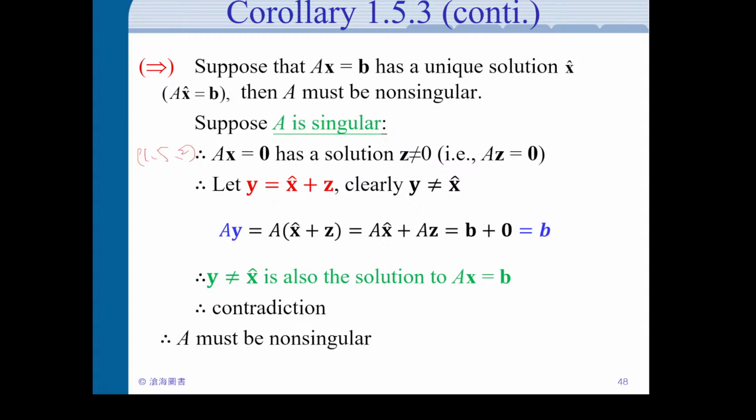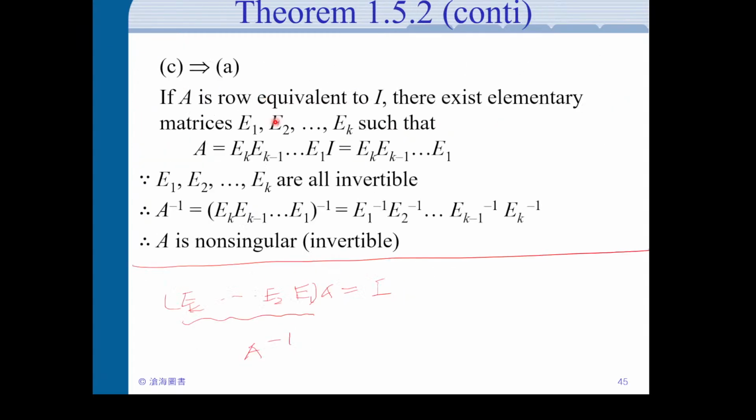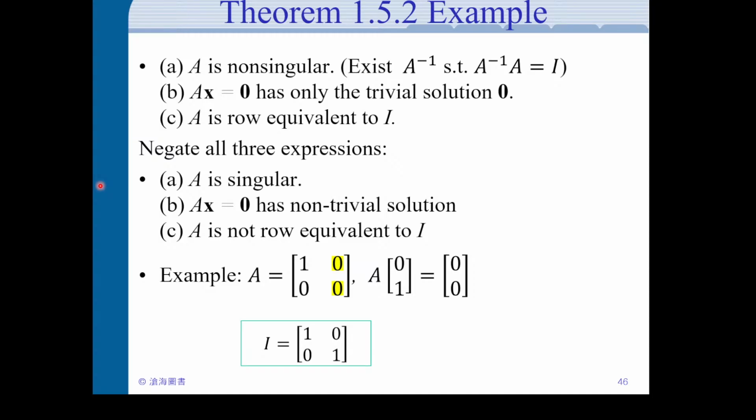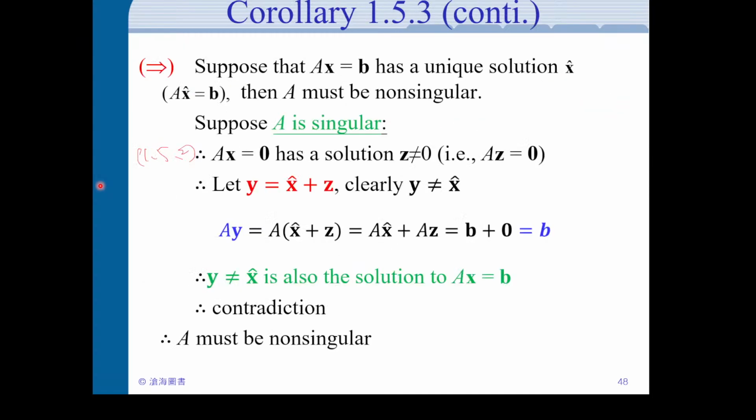1.5.2. So A is singular is the negation of statement A here. Because all those three conditions are equivalent, if you have a negation of A, you also have a negation of B and a negation of C. Okay. So negation of A implies negation of B, and negation of B says that Ax = 0 has a non-zero solution.